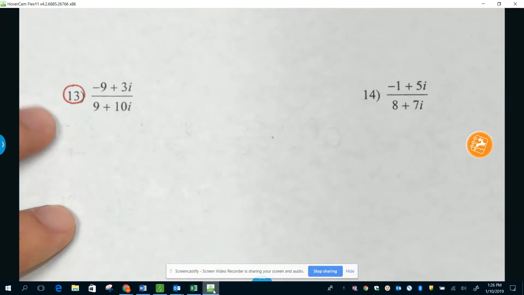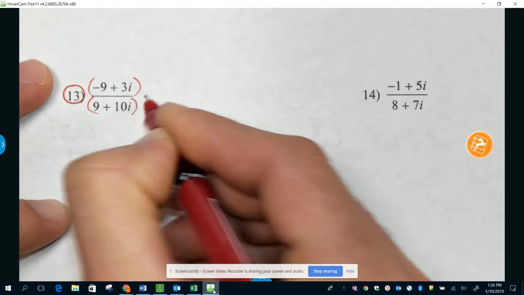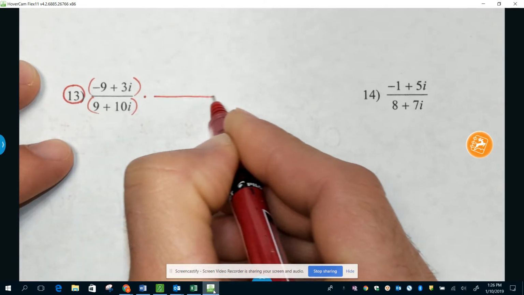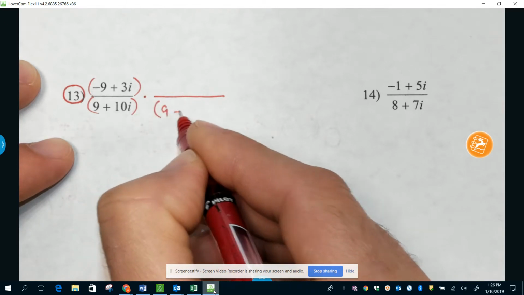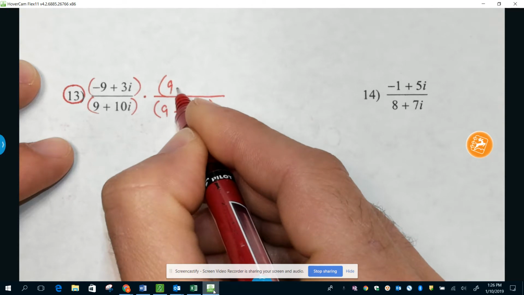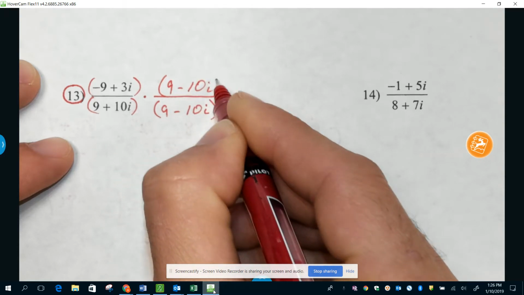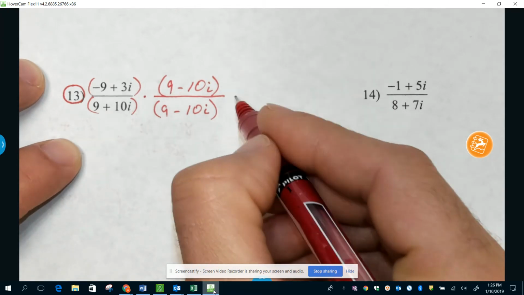Number 13 here. So again, we want to identify our groups. Since I have 2 terms in my denominator, I'm going to multiply by the conjugate. So the conjugate of 9 plus 10i is going to be 9 minus 10i. And same thing on the numerator, 9 minus 10i. Got to multiply the same thing, numerator and denominator.